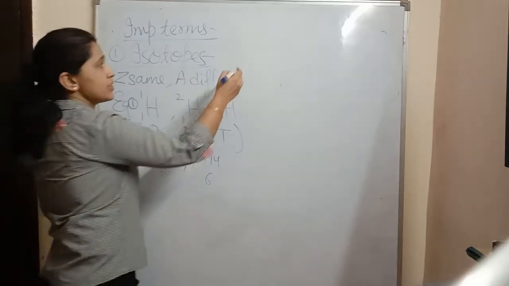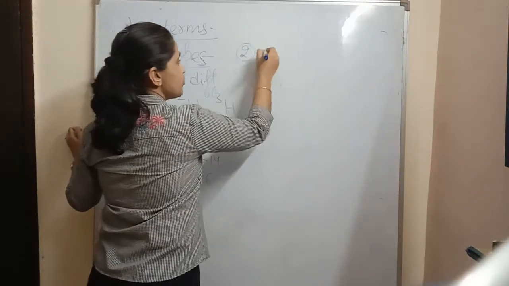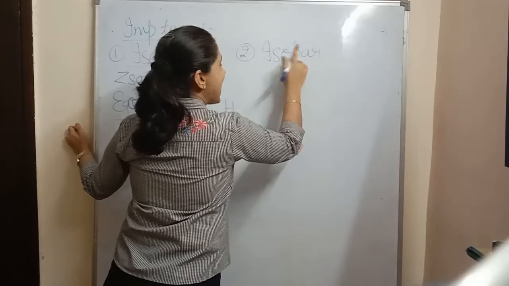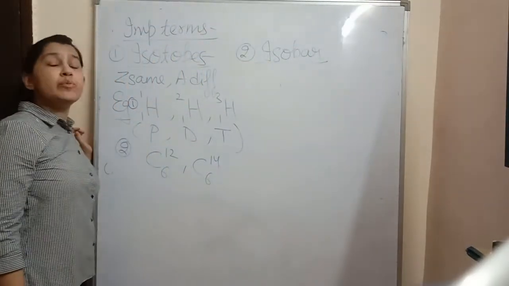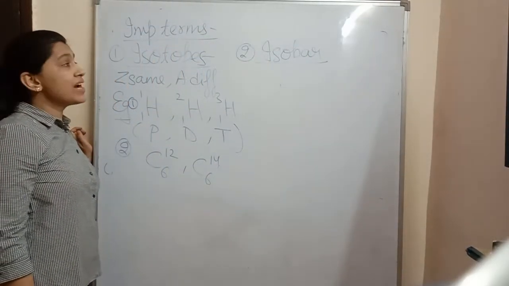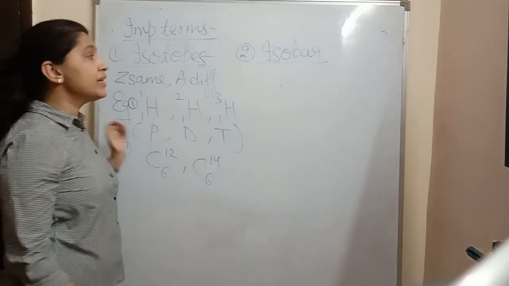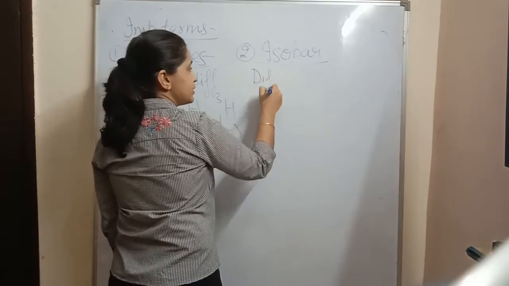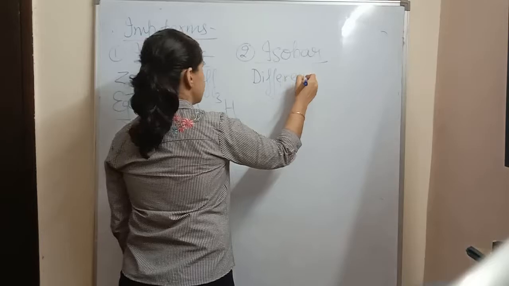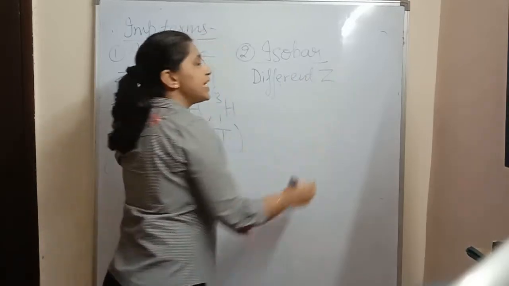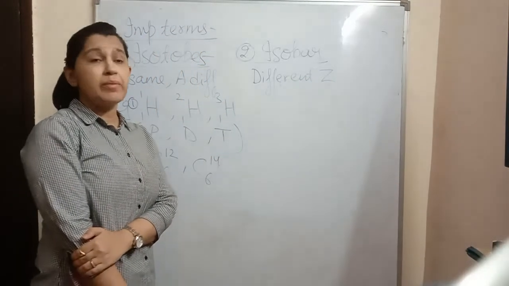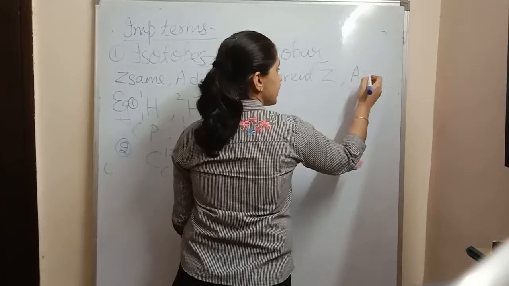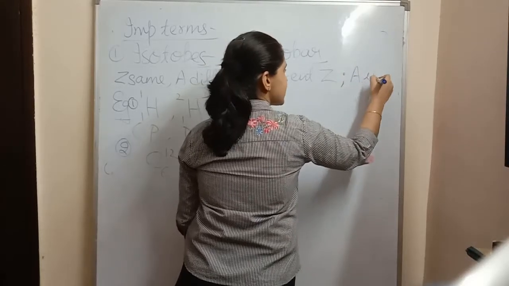Go with the next. The second is isobar. Isobars are the atoms of different elements. So as they are atoms of different elements, they have different Z. Atomic number is different, but what is the same here? The mass number A is the same.